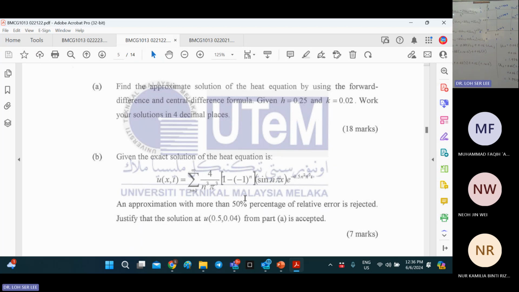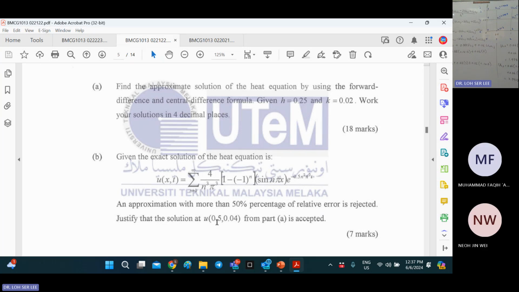If the relative error is more than 50%, that means your solution from part A is rejected. If less than 50%, that means your solution from part A is accepted. So you just find the actual solution from this series, then compare with your solution here for this particular point only.